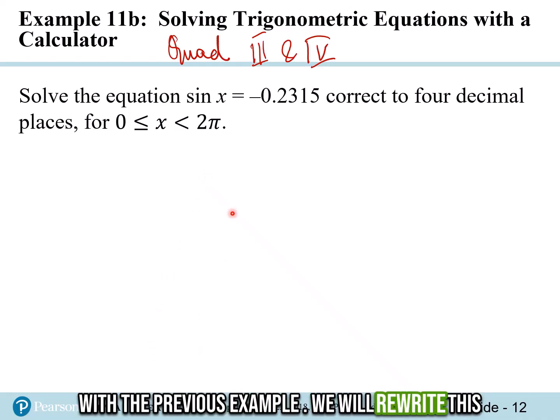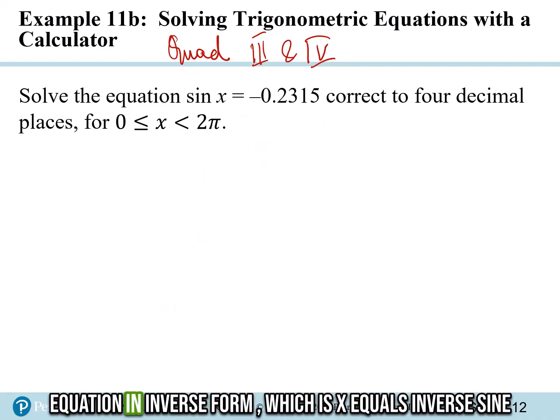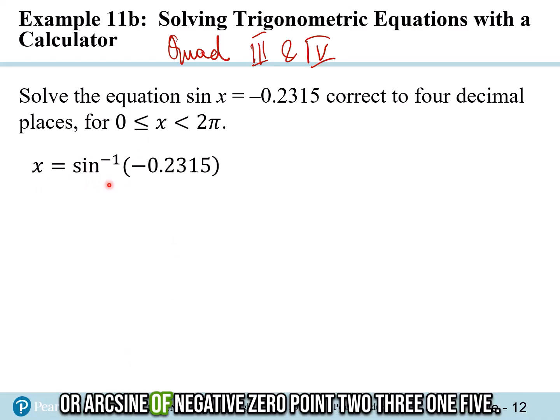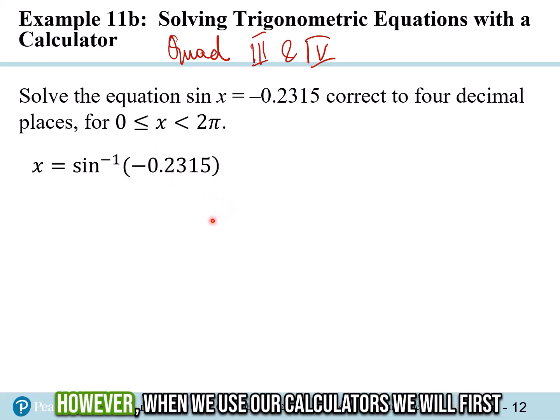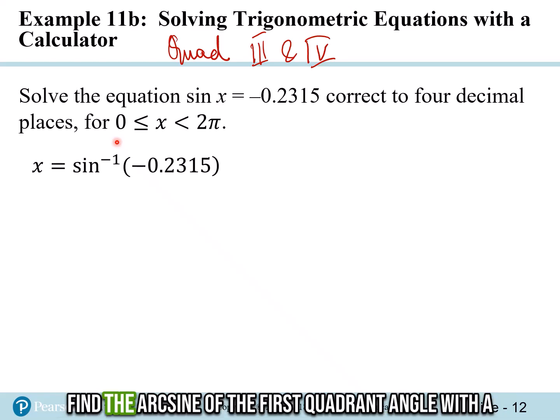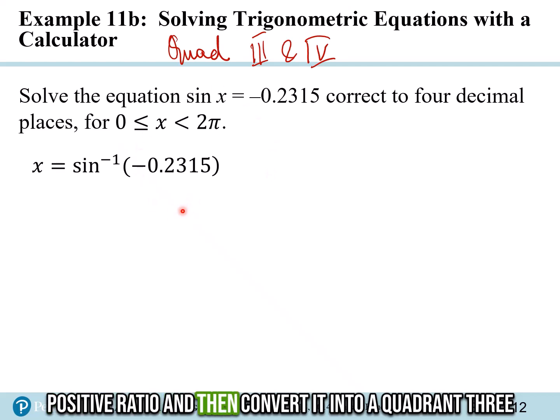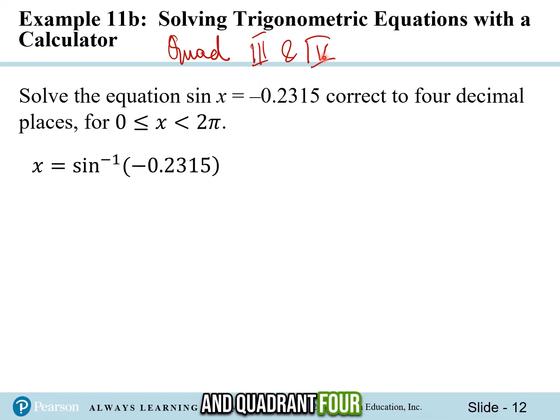We will proceed the same way as we did with the previous example. We will rewrite this equation in inverse form, which is x equals inverse sine or arc sine of -0.2315. However, when we use our calculators, we will first find the arc sine of the first quadrant angle with a positive ratio and then convert it into a quadrant 3 and quadrant 4 angle.